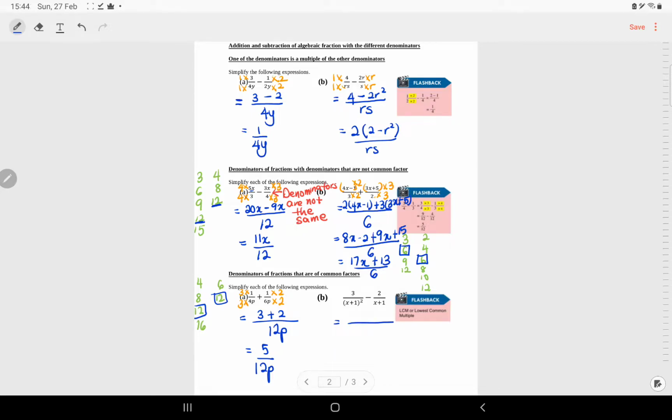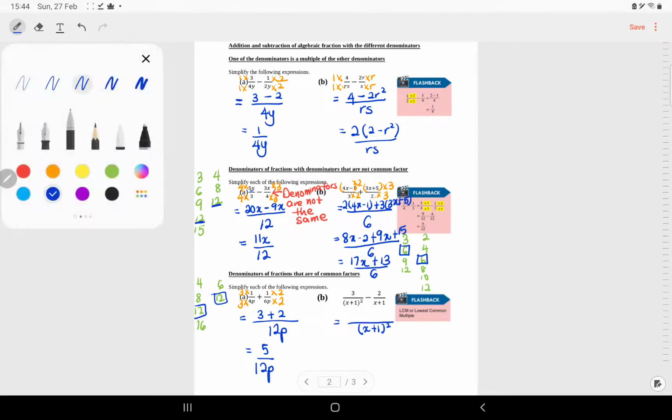We can have (x plus 1) squared. When you have factors with power 2, power 3, you take the highest power. So our common denominator here will be (x plus 1) squared.